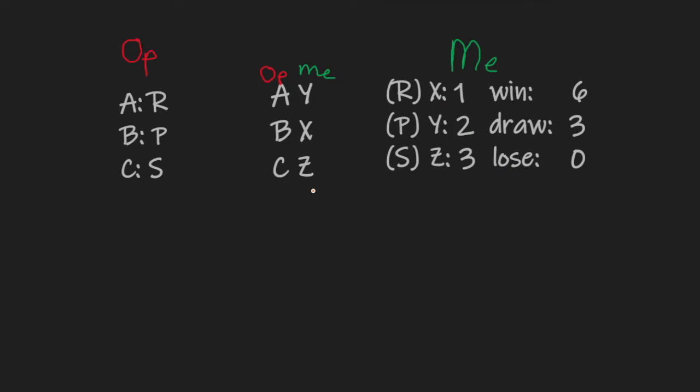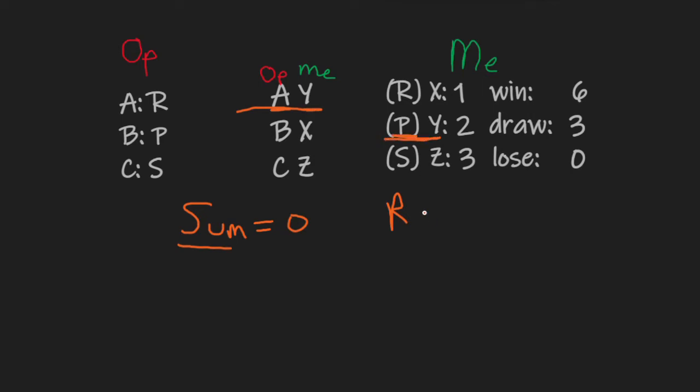So for every round, we're going to add up our sum. We can have a sum start off at 0, and then for every round, we can calculate what happens. Our opponent is going to play rock, and then we are going to play paper.